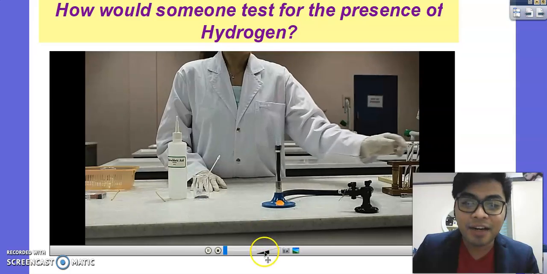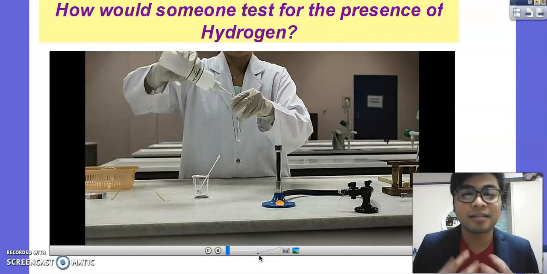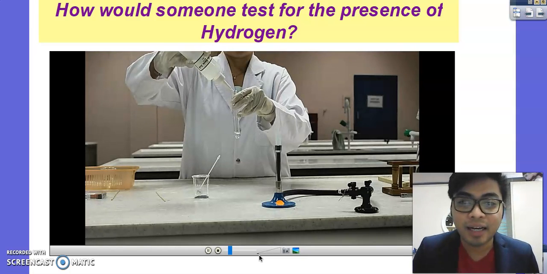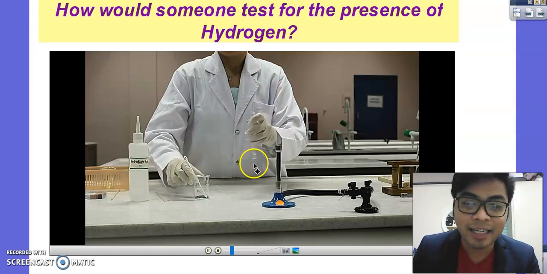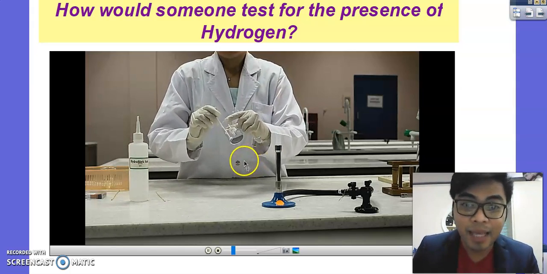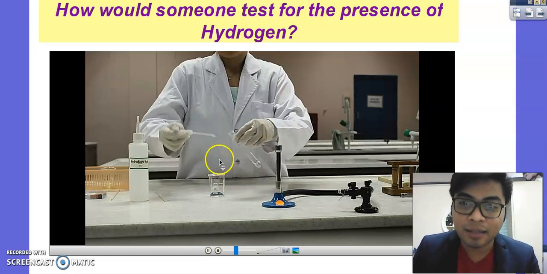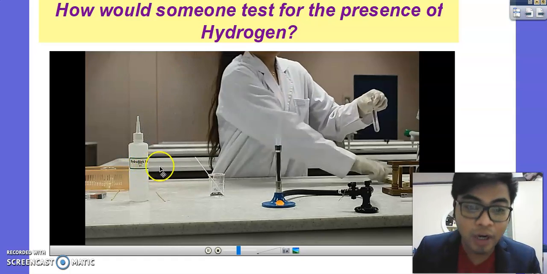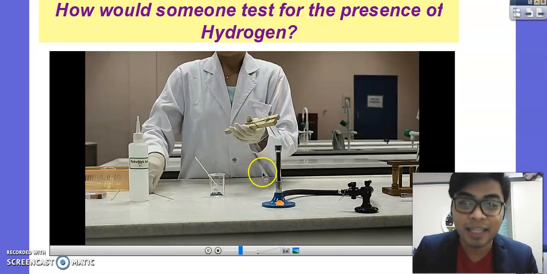So, here is an example of how you would know if something contains hydrogen. We have a metal. The one inside here is magnesium metal, and that's what the student is putting inside. And this one is hydrochloric acid, HCl. So how would someone know that it contains hydrogen?